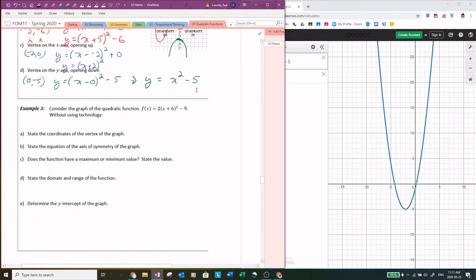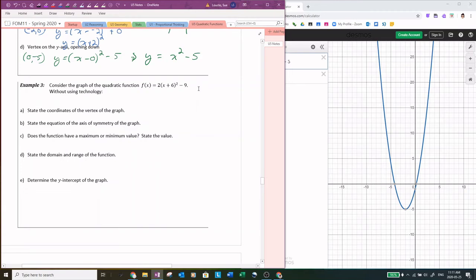All right, example 3. Consider the graph of the quadratic function f of x equals 2 times (x plus 6) all squared minus 9, without using technology. Okay, my advice, write this out in the proper form. So this is f of x equals 2 times (x minus something) all squared plus something, okay?